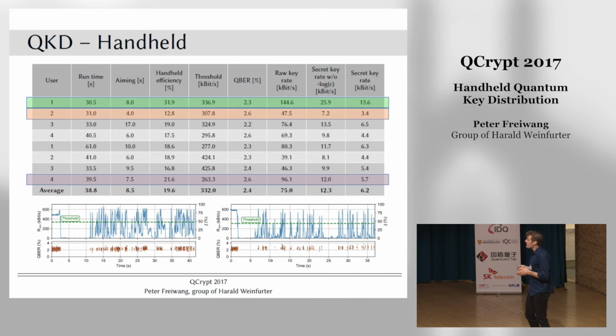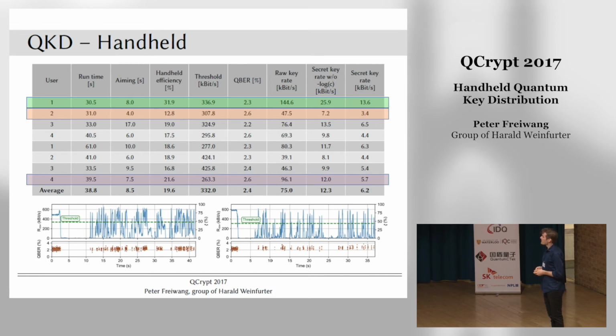And I want to say that this table is made by 4 untrained users. All of them made 2 runs, and they always achieve a secret key in the end.